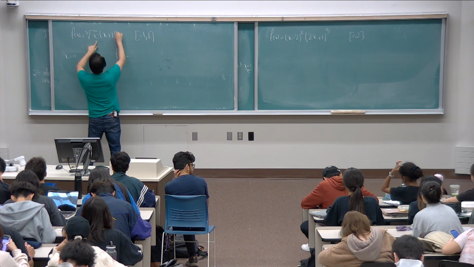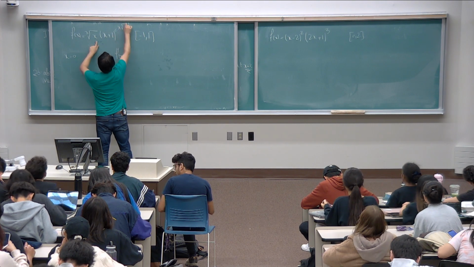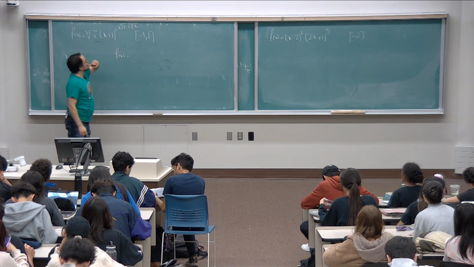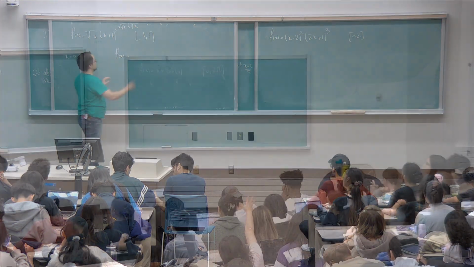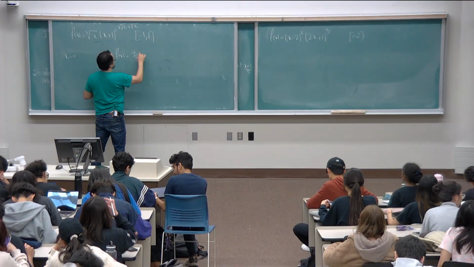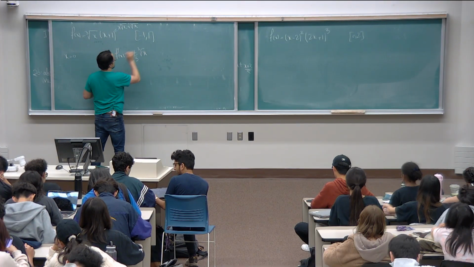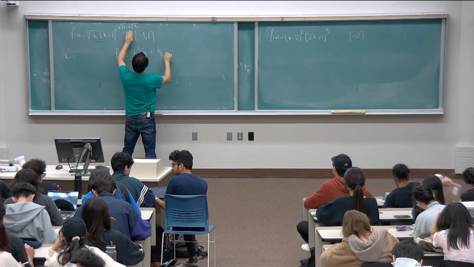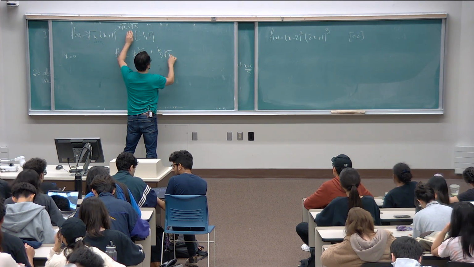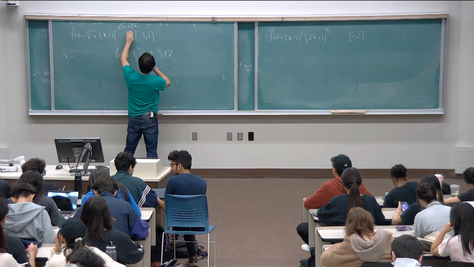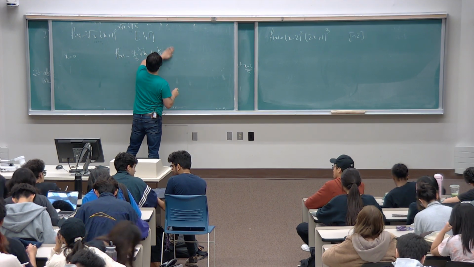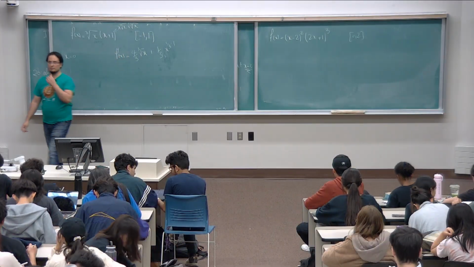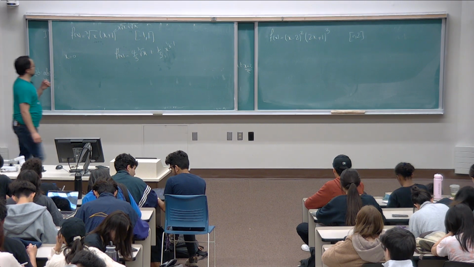I can simplify this function and write x times the third root of x plus the third root of x, yes? And then use the power rule. This will give me 4/3 the third root of x. This one will give me 1/3 multiplied by the third root of x squared. And then we try to evaluate this.